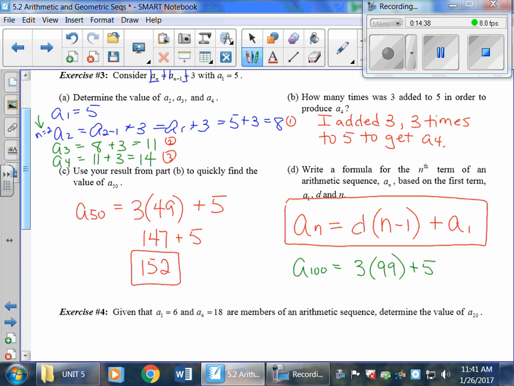If you wanted to find the 1000th term, the 1000th term would be 3 times 999 plus 5. Okay? So that formula that we just found, we're going to be able to use that in future examples. All right? So write down what you need to, and let's move on to exercise 4.